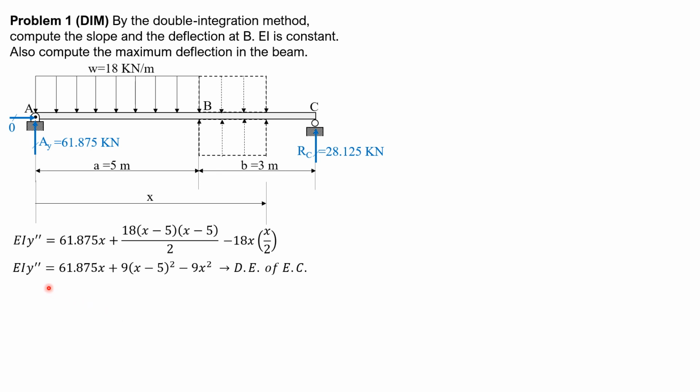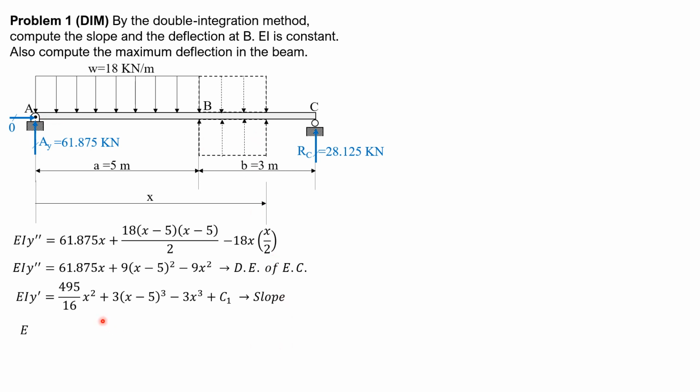Then integrating once, we have EI y prime equals 495 over 16 x squared plus 3 quantity (x minus 5) cubed minus 3x cubed plus c sub 1. This is the slope equation for the slope of any point on the elastic curve.